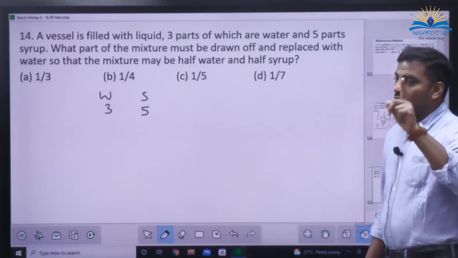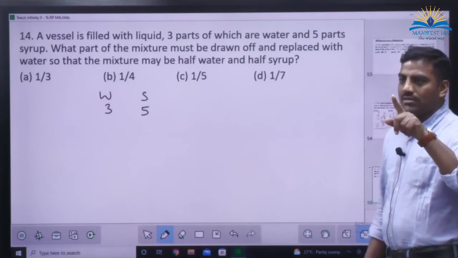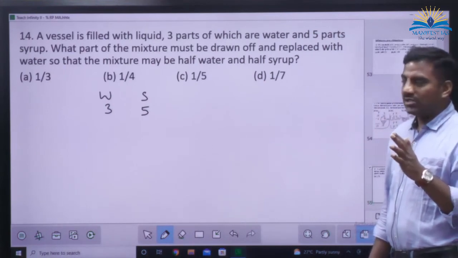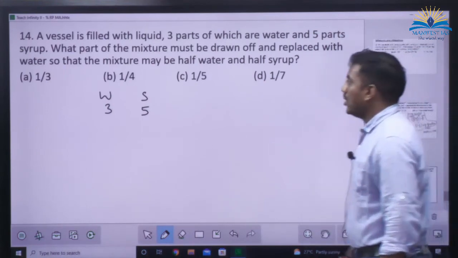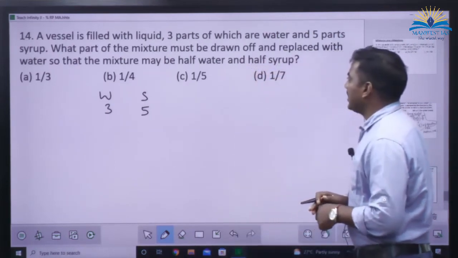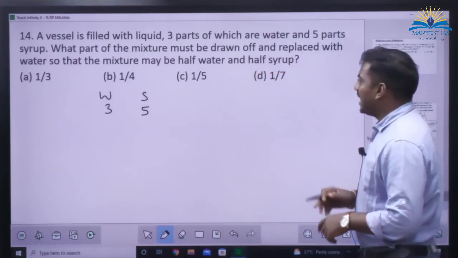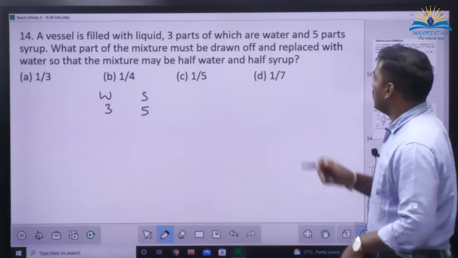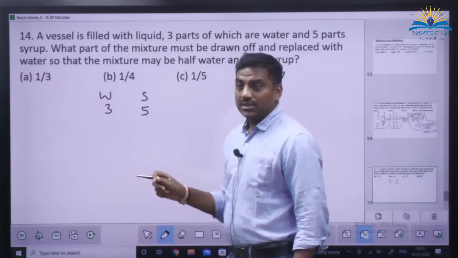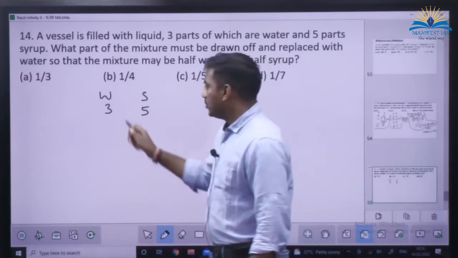So we are reducing the concentration of syrup. So what does that mean in terms of ratio?